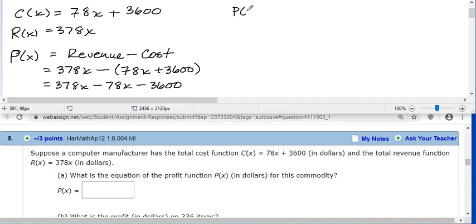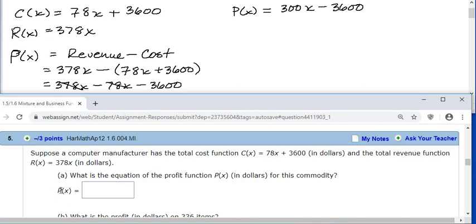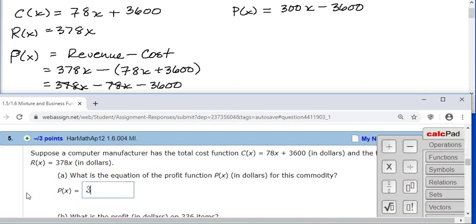And simplify to get my profit function is 300x minus 3,600. Okay, in WebAssign, notice that they already have the P of X and the equal sign. So I just need to put the expression 300x minus 3,600.